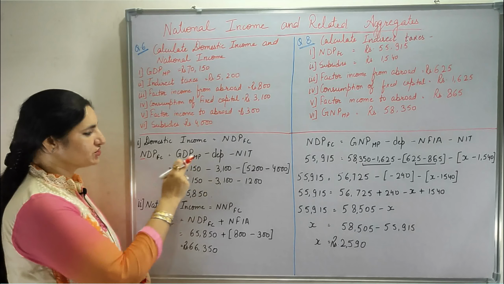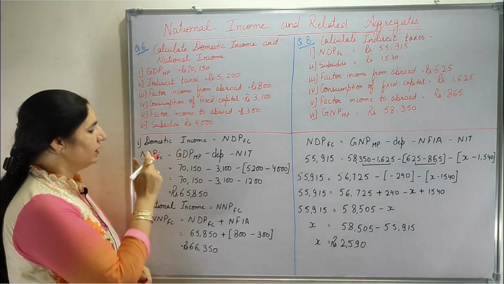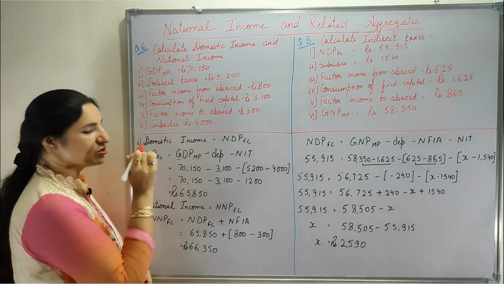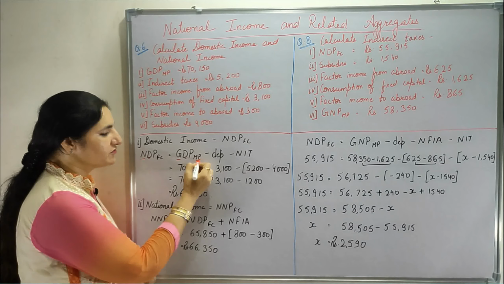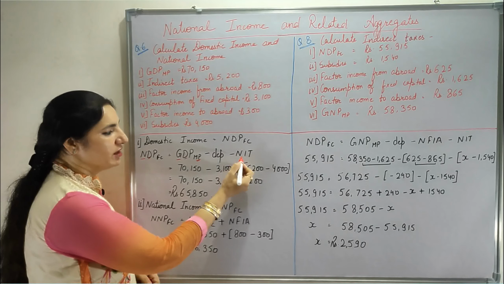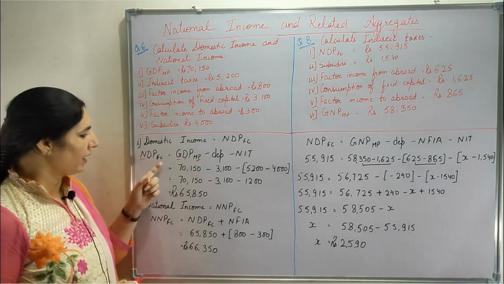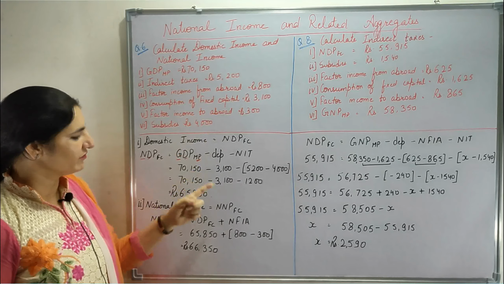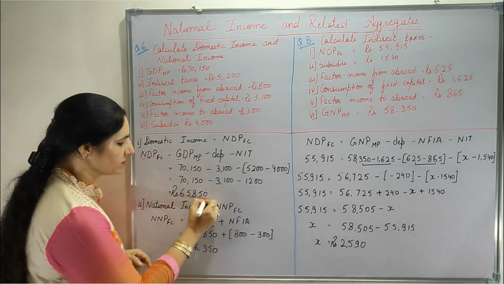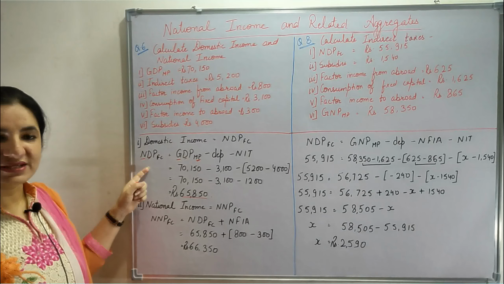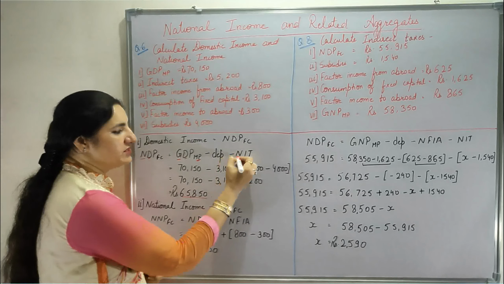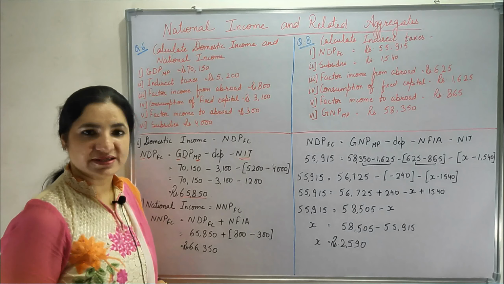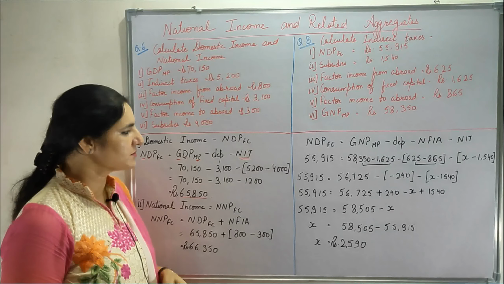We will deduct depreciation. So both these will become equivalent. This is also domestic. This is also domestic. To arrive at factor cost from market price, we will deduct NIT, and applying the values given here, we will arrive at domestic income. Here NIT means net indirect taxes, that is indirect taxes minus subsidies.